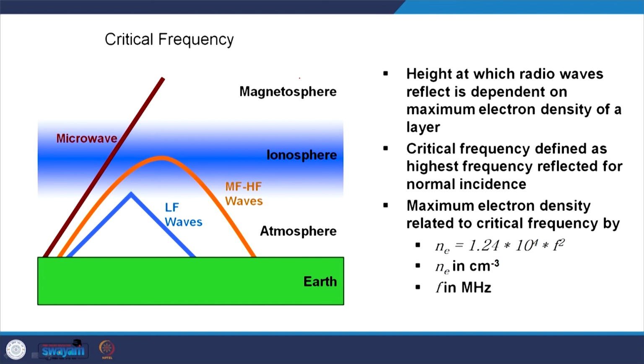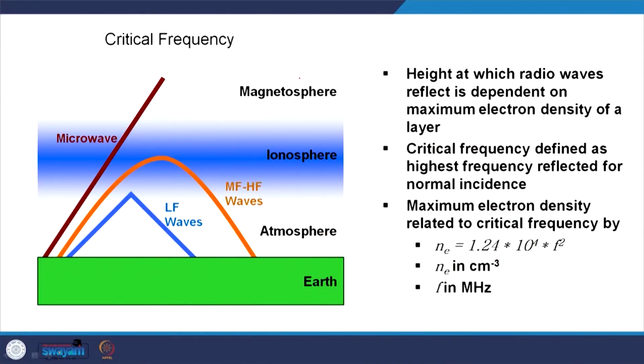Right. So, the height at which the radio waves reflect depends on the maximum electron density of a particular layer. Okay. Critical frequency is defined as the highest frequency that is reflected for normal incidence, not for oblique incidence. The maximum electron density related to the critical frequency can be obtained from the same formula in this way, right.